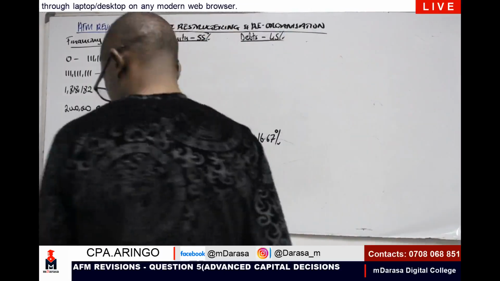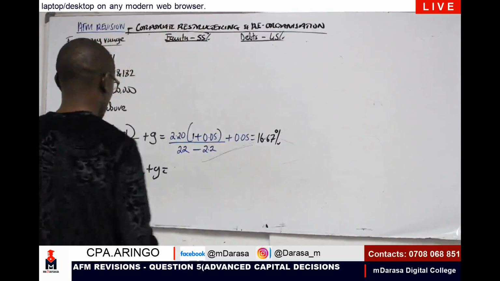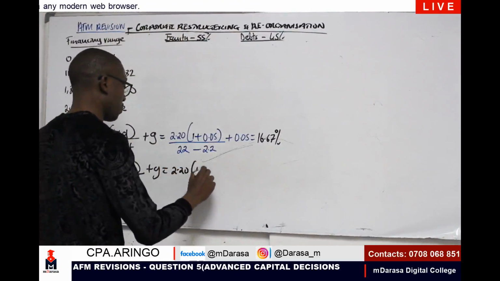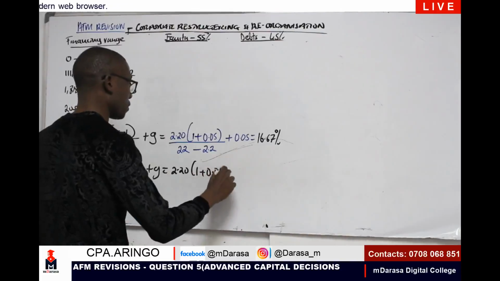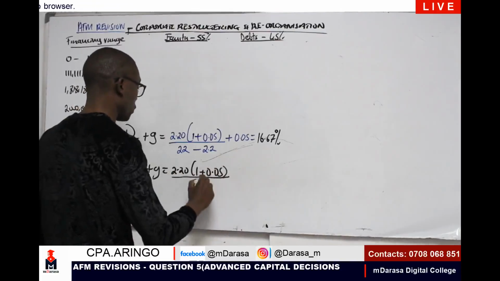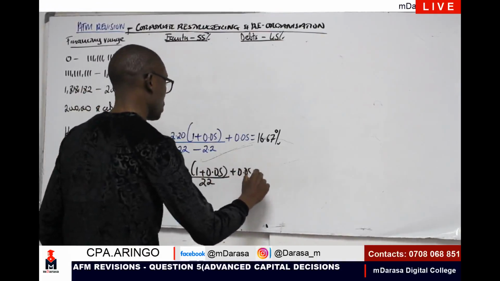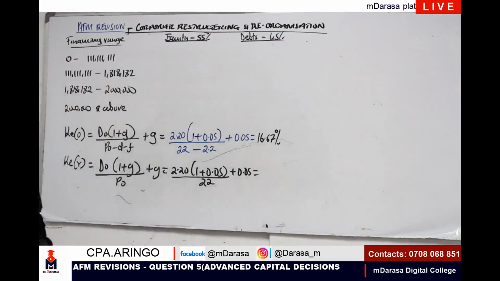In this case, I should be having 2.2 times (1 plus 0.05) over 22, plus 0.05. This should give us what percentage?